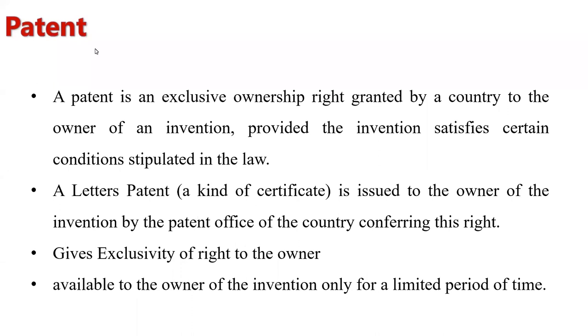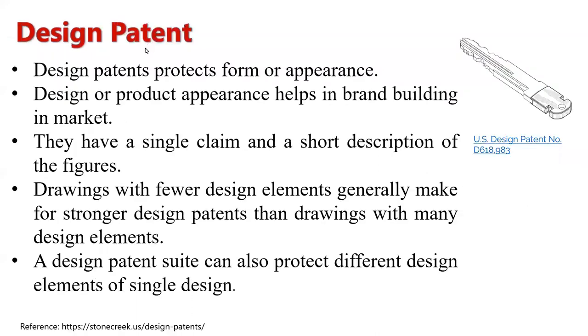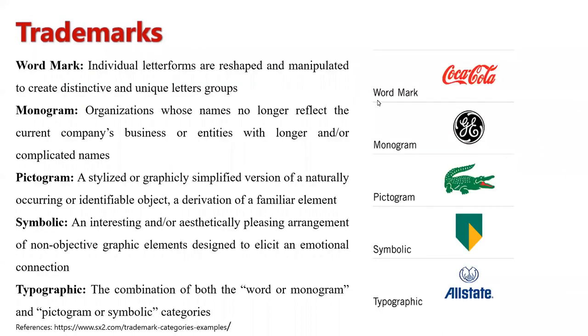Coming to trademarks. Trademarks refer to a word mark, any picture or any symbol. These things come into the category of trademarks. What is the use of a trademark? Whatever terms I am talking about, patent, trademarks, copyright, all are actually about ownership as well as business.